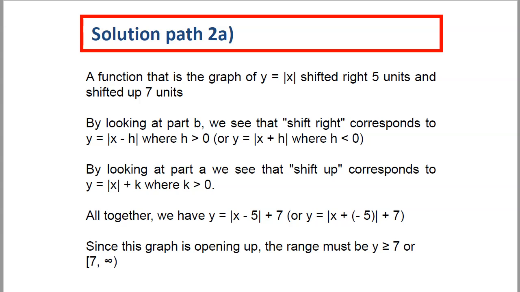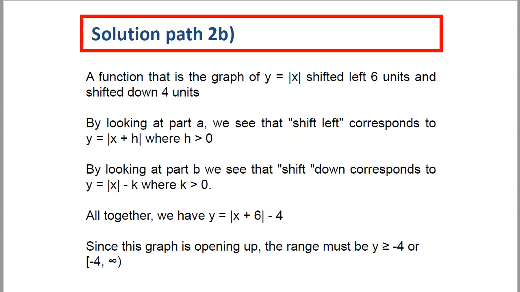So if we combine those ideas, we have y equals the absolute value of x minus 5, plus 7 on the outside. Notice that if the plus sign is already there, say for example you are using a homework system, you might write that x minus 5 as x plus a negative 5. And since the graph is opening up, the range must be y is greater than or equal to 7.